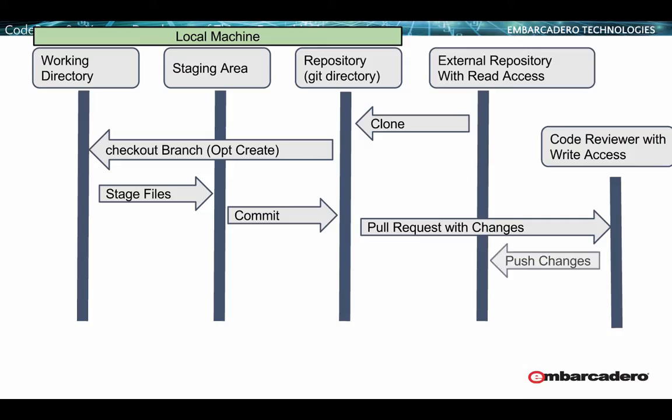With that, the code reviewer, regardless of how they get that pull request, gets a chance to review it. And when they do, they can say, hey, send it again. Send that pull request with a different set of changes, because obviously we didn't like it. But if they accept that change, they then push those changes to that external repository.